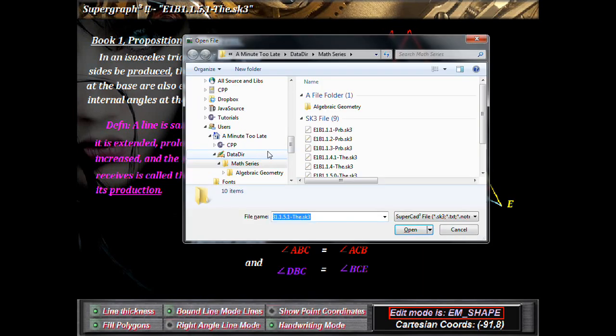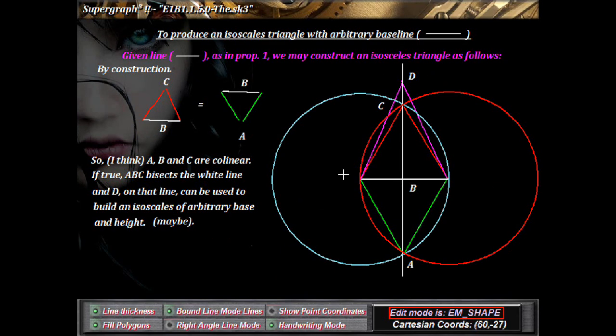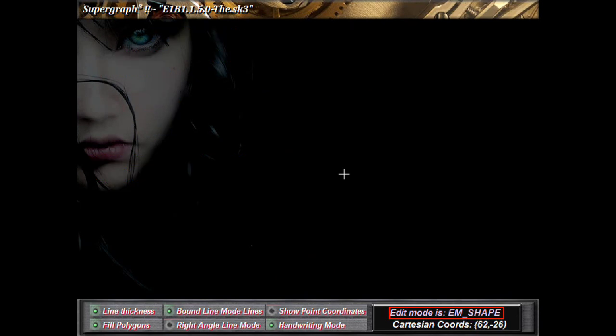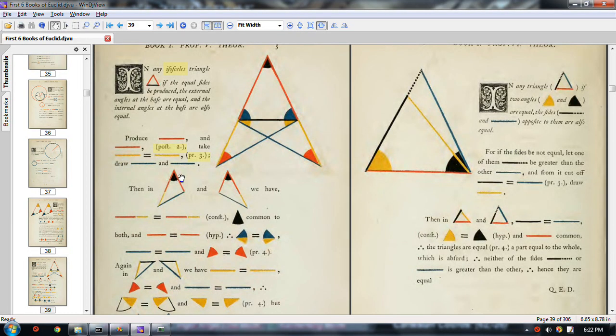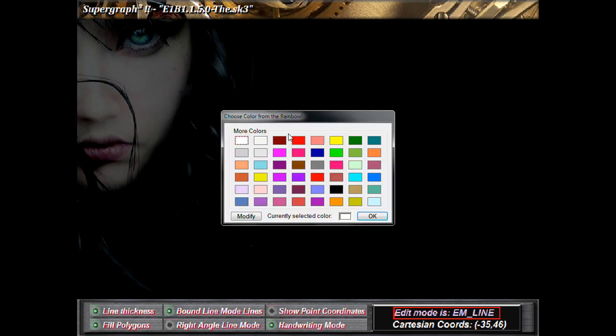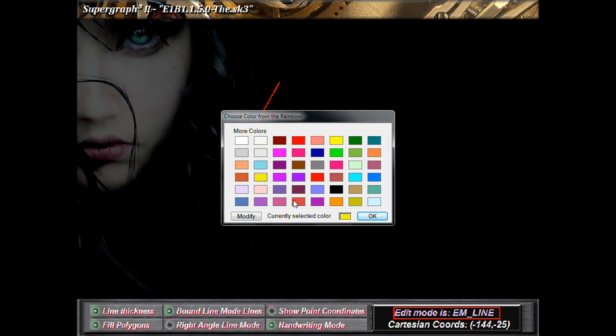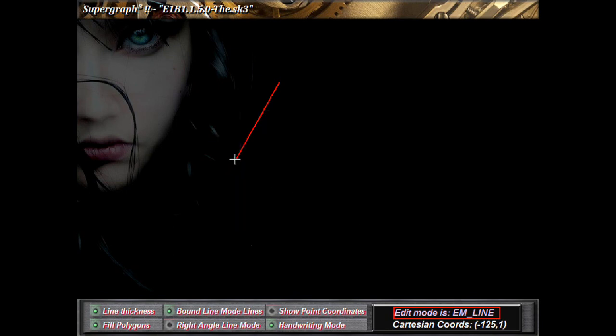I might as well use the other thing that I ruined. And those look like this. So we have a red line, and that's extended by a yellow line, some amount.